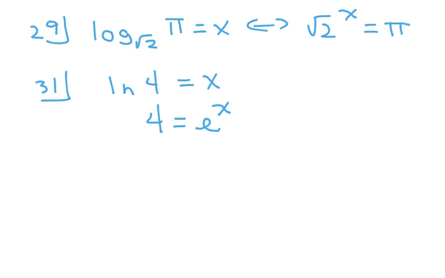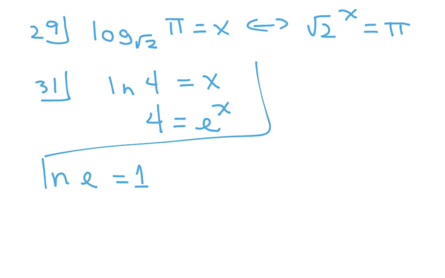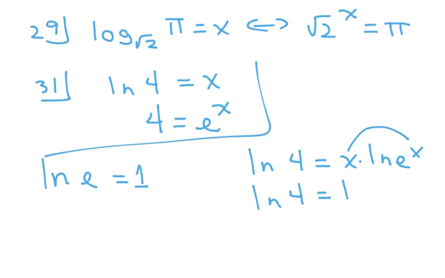And there's a formula for this, but let me show you really what's going on. You're going to write natural log of e equals 1. So what you do here is you take natural log of 4 equals x, and I'm going to multiply this by ln of e. Then I use my power property and put it here. So I have natural log of 4 equals natural log of e to the x.